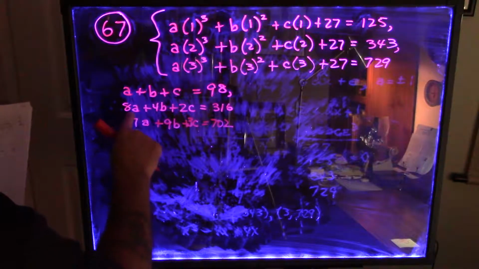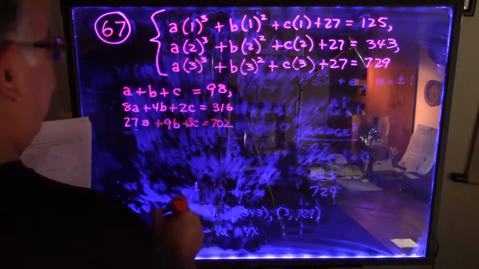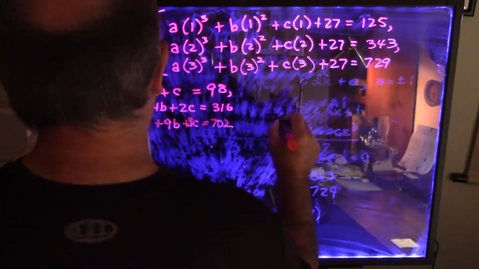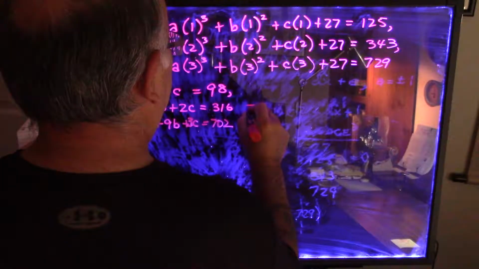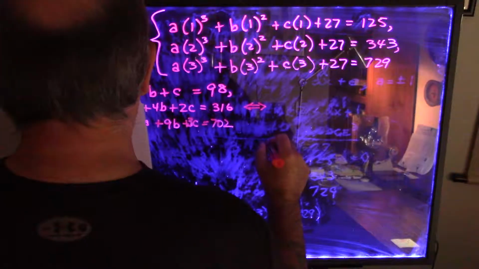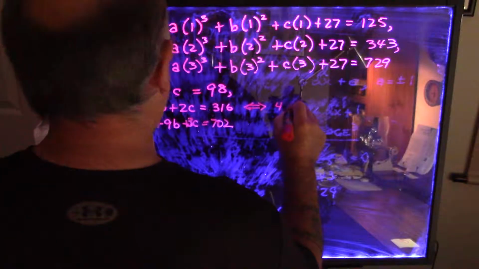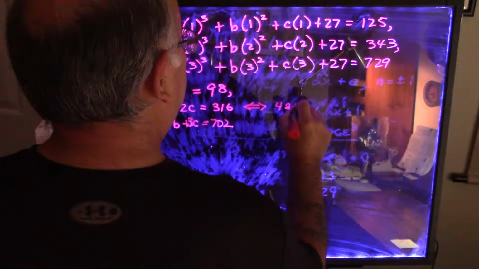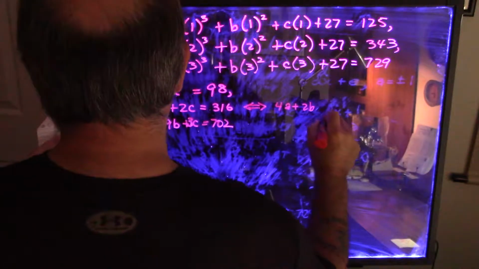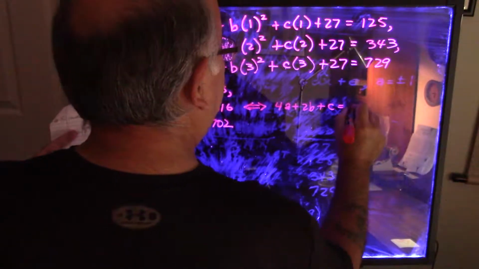You can divide the second equation on both sides by 2, which is perfectly legitimate. I'll draw this double arrow, meaning you can go back and forth. Dividing both sides by 2, you get 4a plus 2b plus c equals 158.